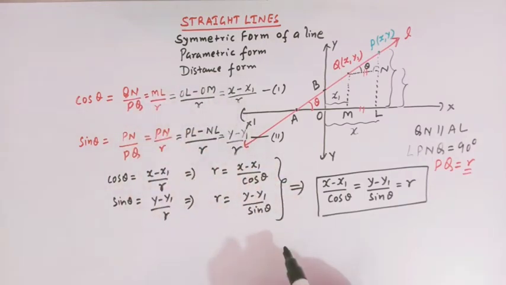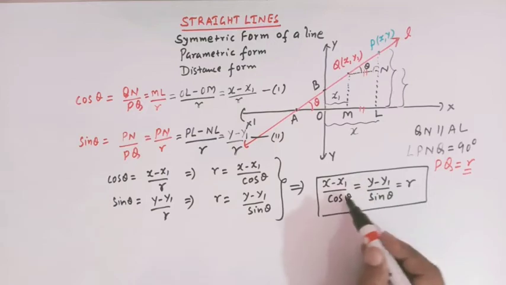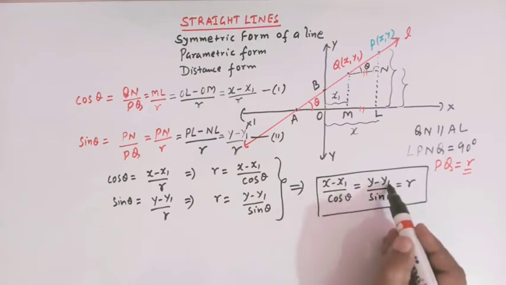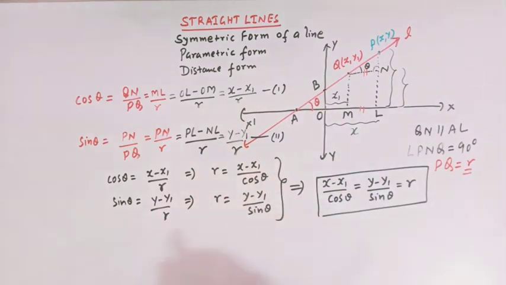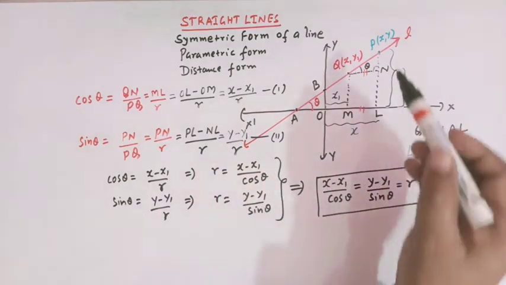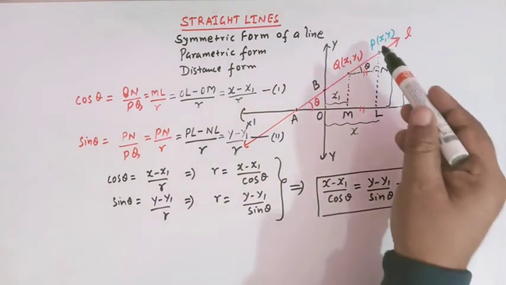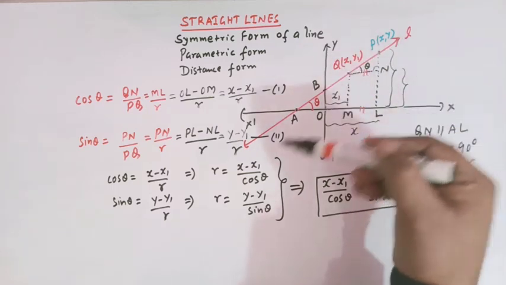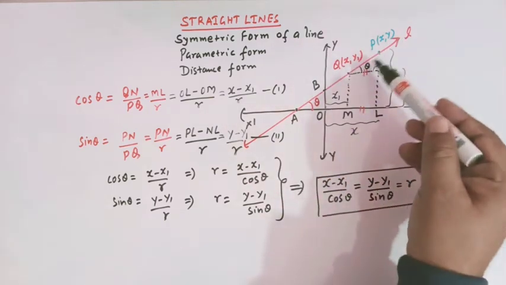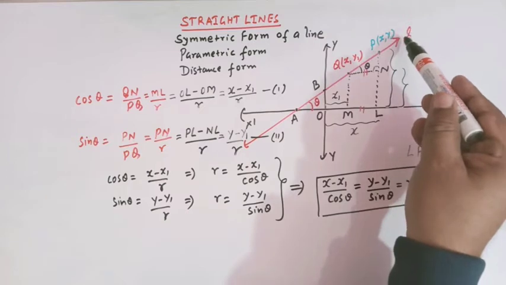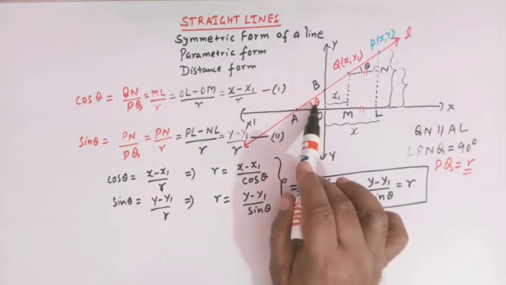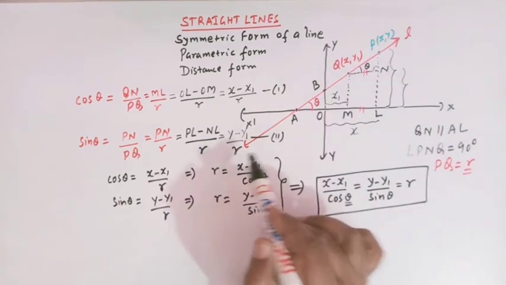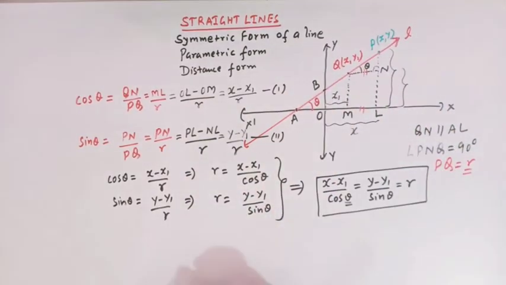In this equation we observe that (x1, y1) is a point lying on this line L. (x, y) are the general coordinates of any point P lying on this line L, and theta is the angle which this line makes with the positive direction of the x-axis.